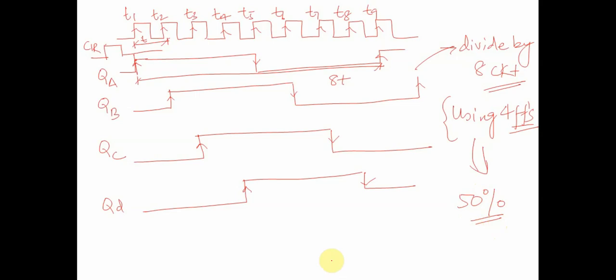Similarly, if we had a ring counter with 3 flip-flops, what kind of circuit would it be? It would be divide by 3. What kind of circuit would a Johnson counter be? It would be modulo 2n.